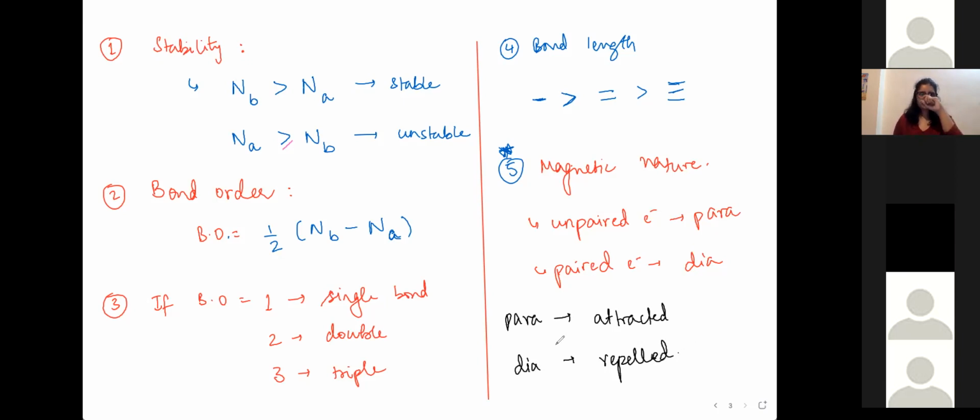Okay. There's a good meme that explains paramagnetism and diamagnetism. When you take an element or a compound or whatever substance and put it in a magnetic field, do you guys remember what a magnetic field is?